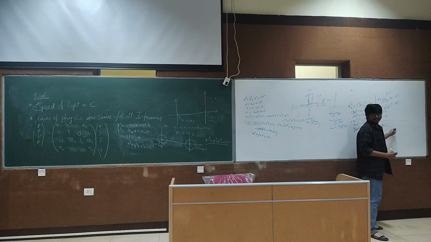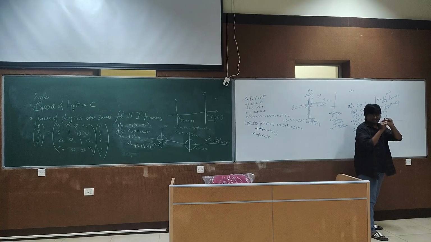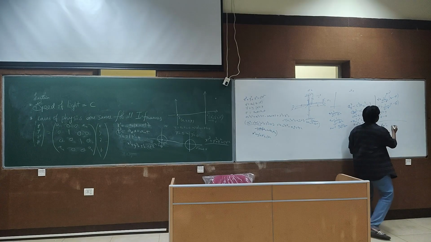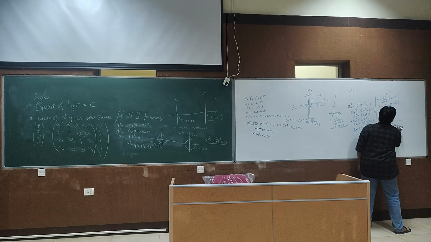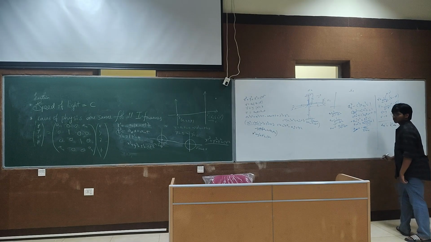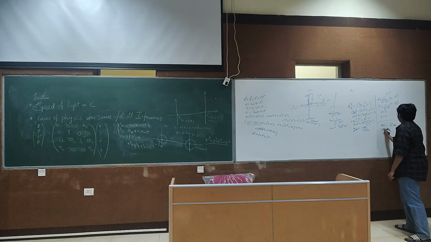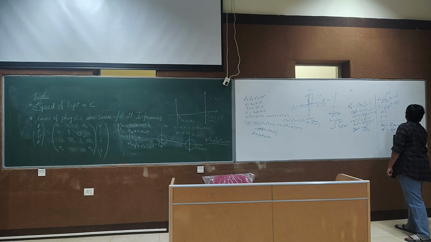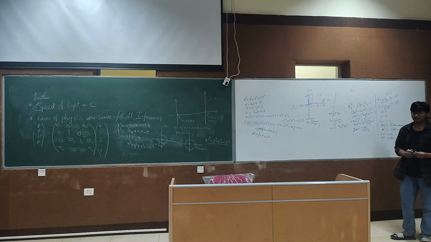So if you differentiate it, just take the dx part. You get gamma dx minus... dt prime equal to gamma dt minus... Right?